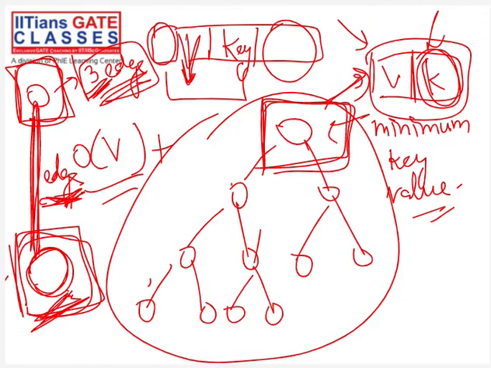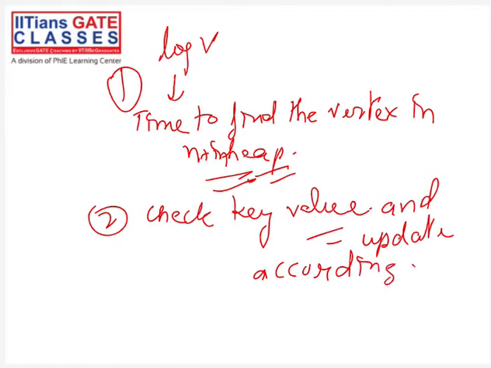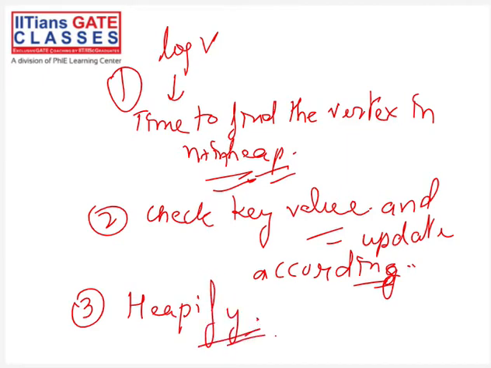This is the second part. And the third thing: if that value became very small, you have to heapify also. Now the third thing will be heapify. Are these three steps clear?